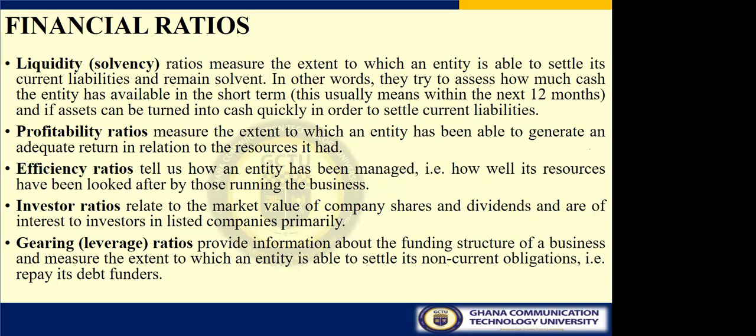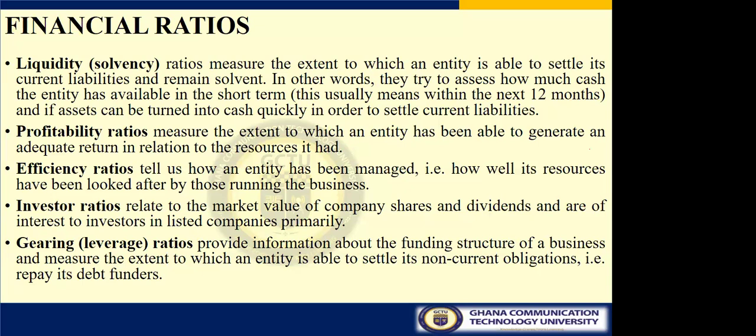So with liquidity ratios, we want to find out whether the business is able to pay its short-term debt, or convert its assets into cash so that it can pay debt within a year. If we want to measure the liquidity of the business, we are talking about whether the business has liquid money to be able to pay for debt within a year.